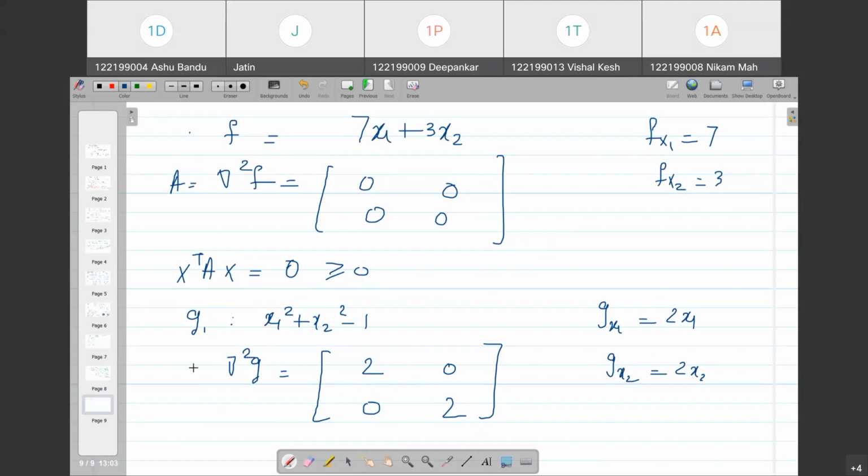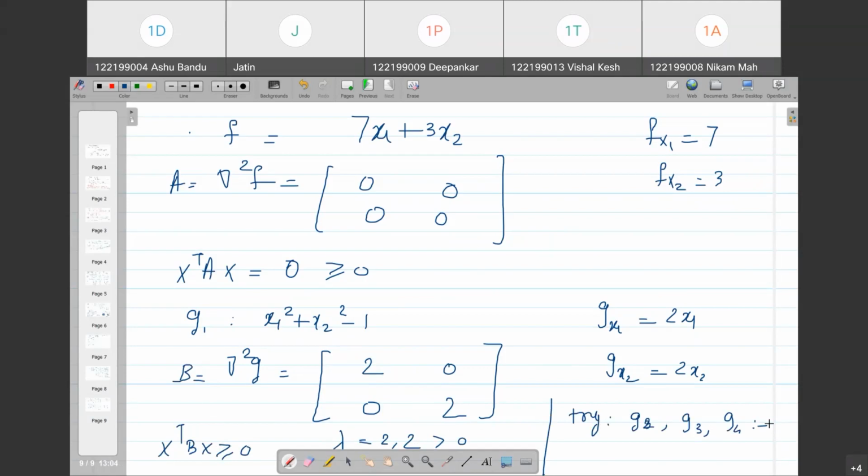If I call this B, then x transpose Bx is greater than or equal to 0. What are the eigenvalues? Since it's a diagonal matrix, they are the diagonal entries, which are greater than 0. Therefore your G is also a convex function. Similarly, you try for G2, G3 and G4.